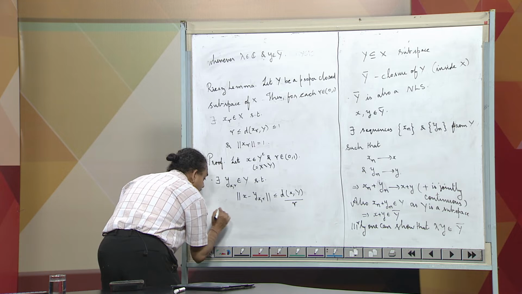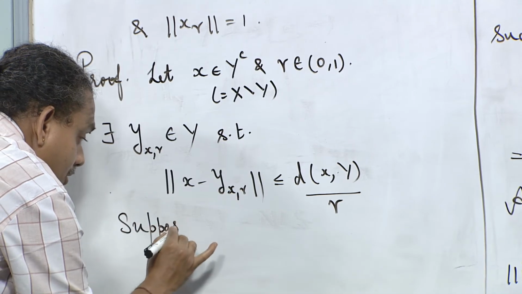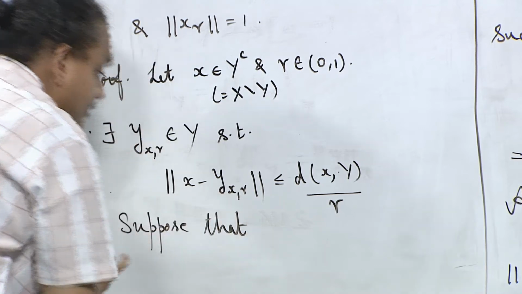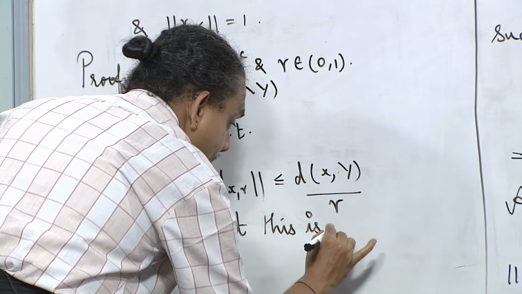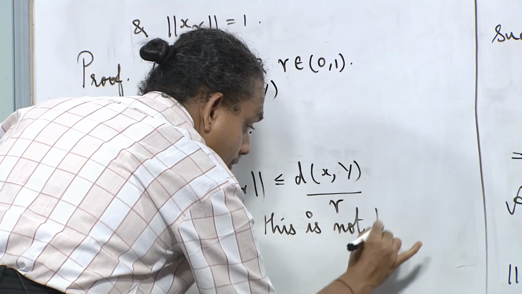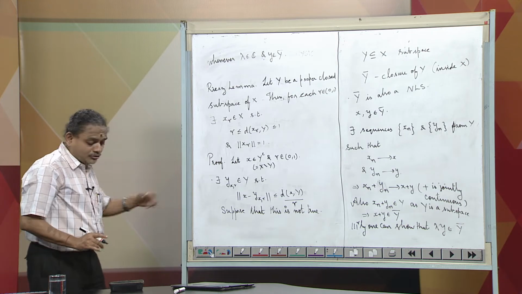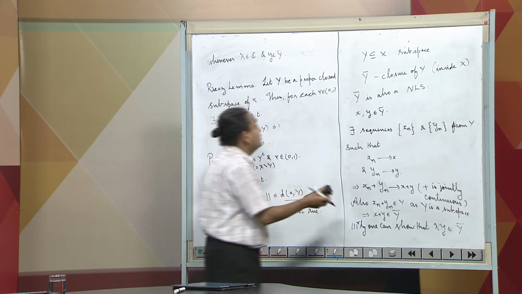Well, let us show this by contradiction. Suppose that this is not true. Then we will have to end up with a contradiction. Let us see what it is.